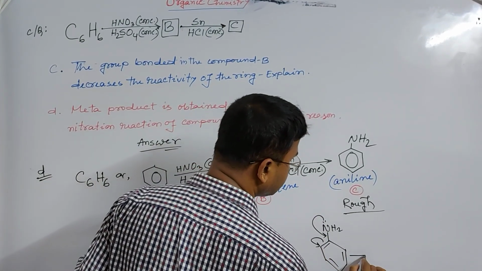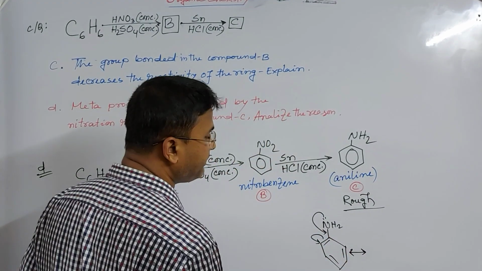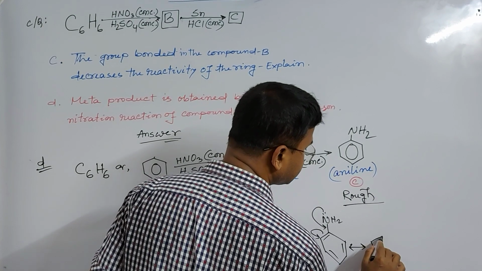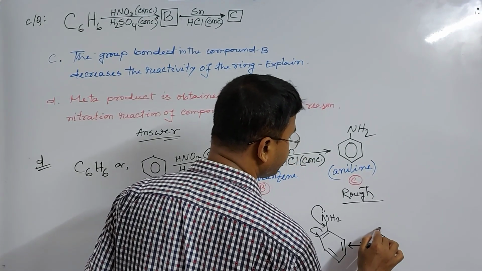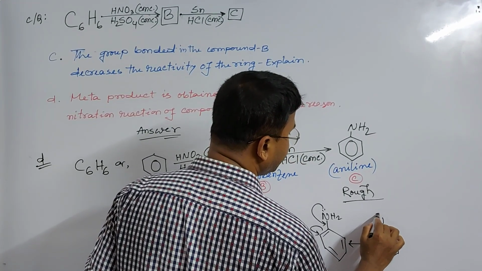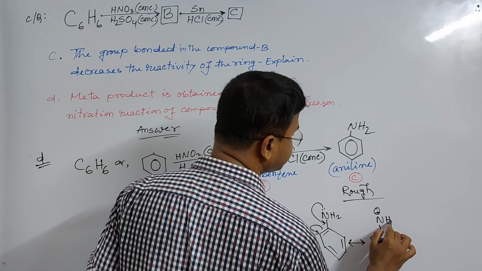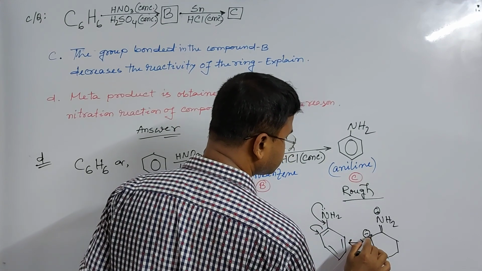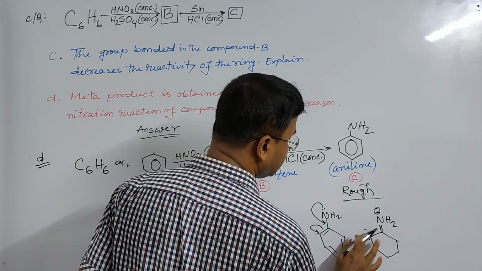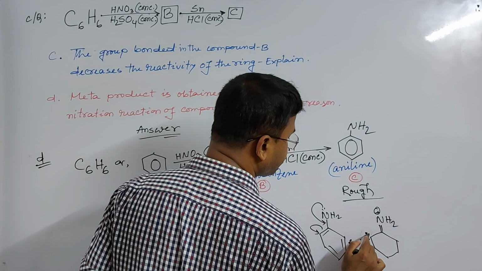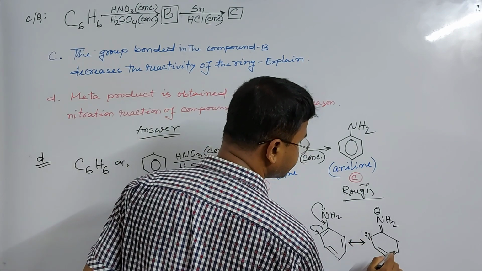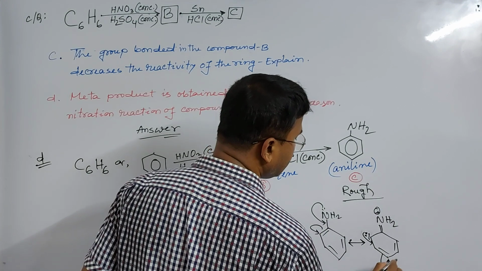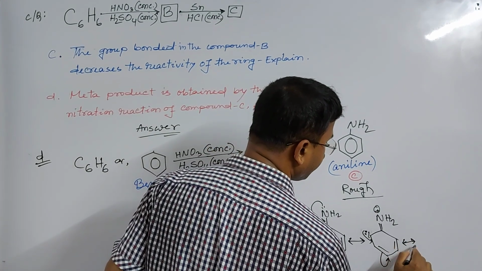You know that the lone pair of electrons of the amino group is supplied to the benzene ring. As a result, the electron density of the benzene ring is increased, especially at the ortho and para positions.